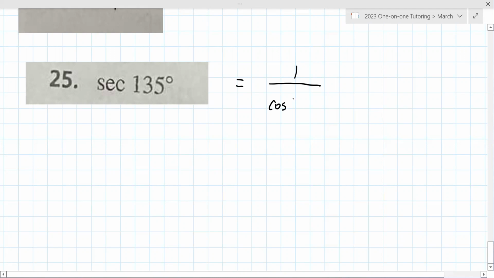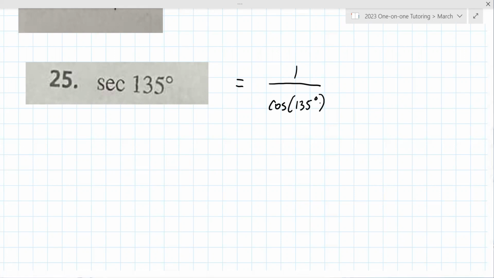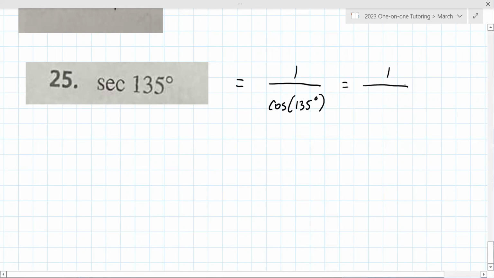It ends up being 1 over cosine 135 degrees. So you need to find the value of cosine at 135 degrees and write it in the denominator. So everything on the unit circle goes back to sine and cosine. Can you tell me what the value of cosine of 135 is?